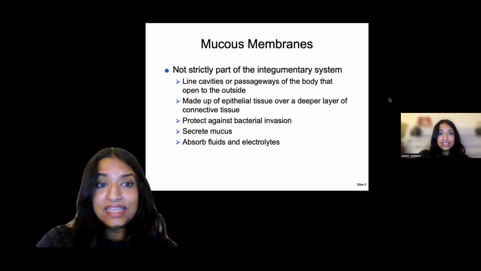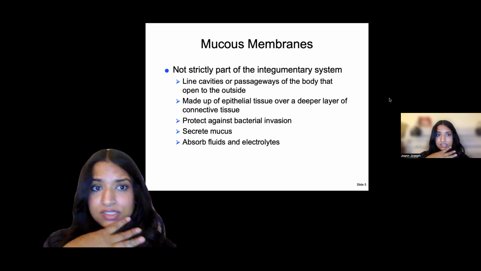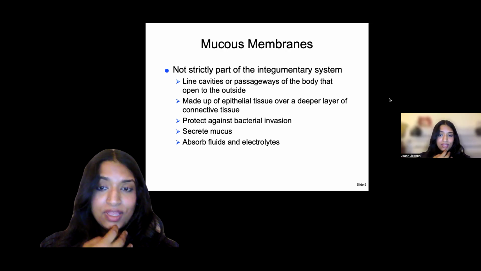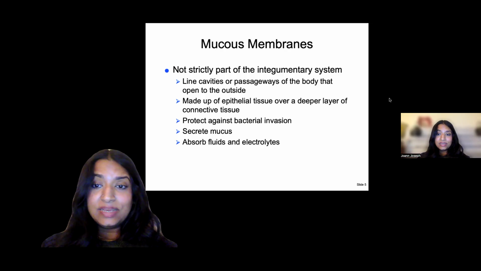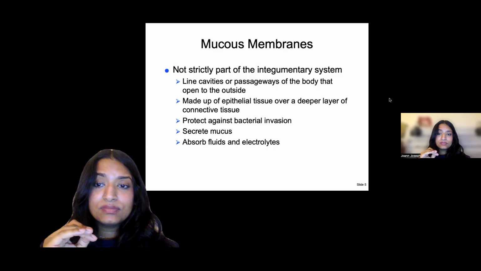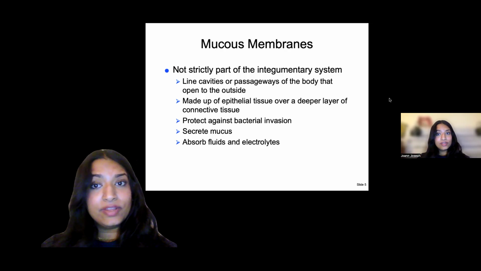As it said in the slide here, it's not strictly part of the integumentary system. There are other systems where you will see mucous membrane. For example, females that wear tampons, there can be potential problems if you have a tampon in for very long.